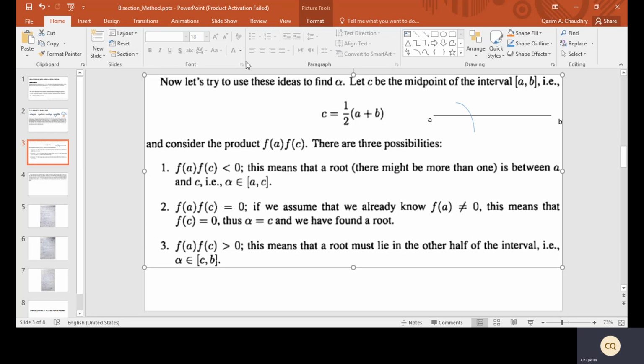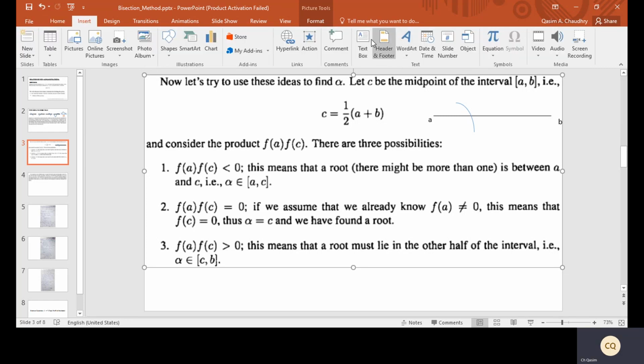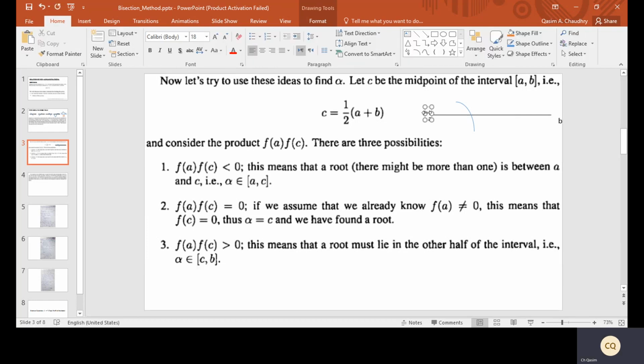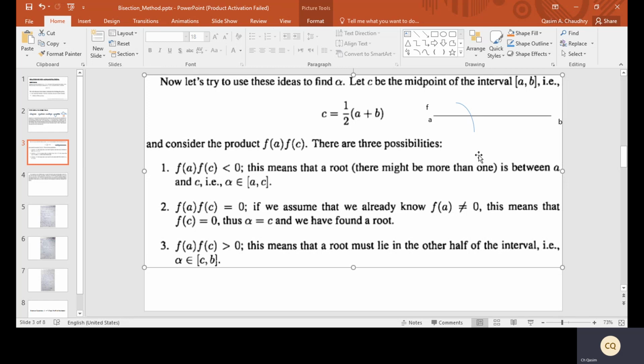And now we are going to check the functional value, and let's say we call this one F. Now I'm going to check the function value F. Students, at this point, let's say it is negative.